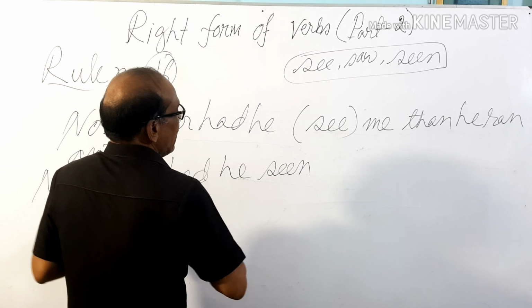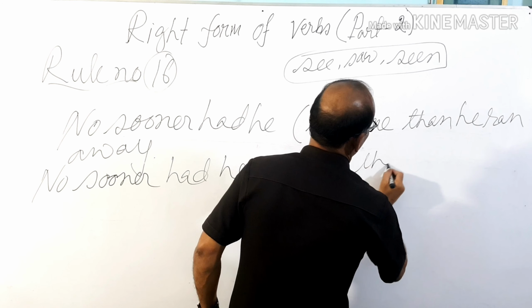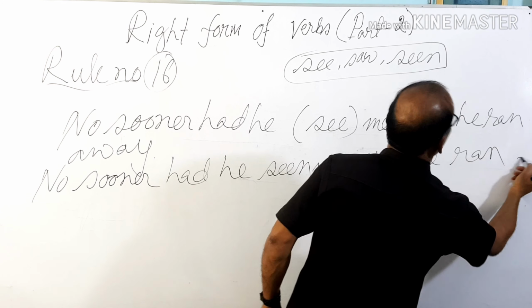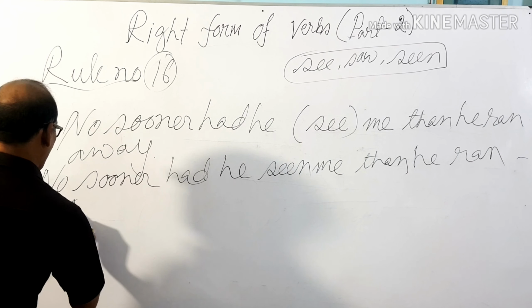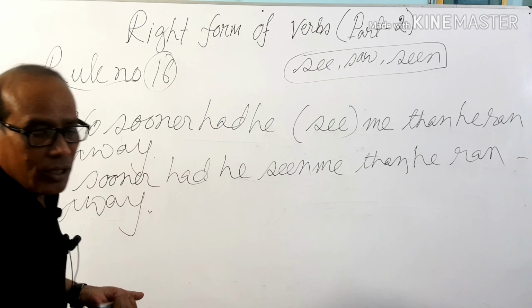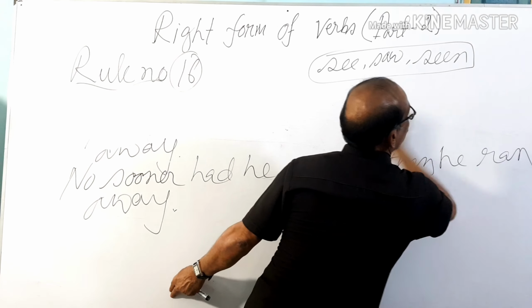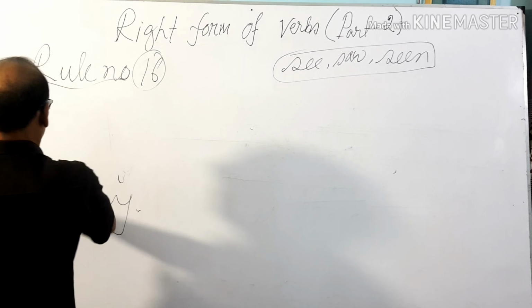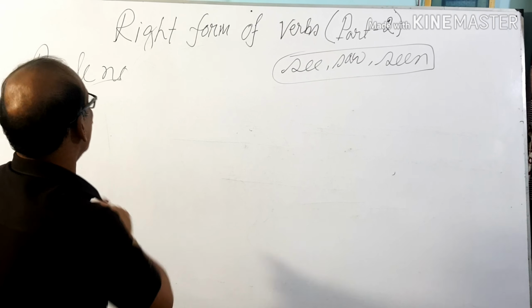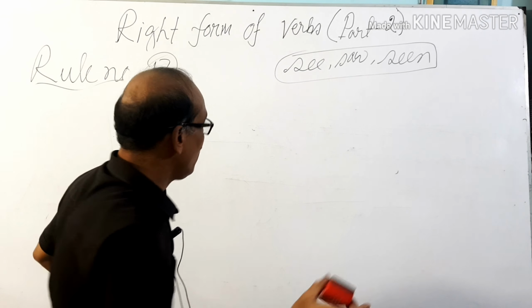No sooner had he seen me than he ran away. He ran away. This is an example of that rule. Next, 17. Rule number 17.